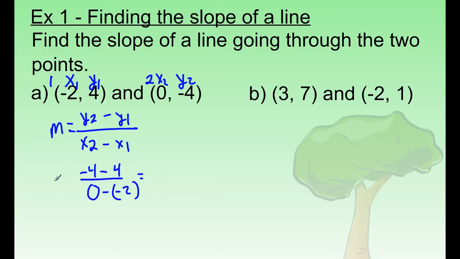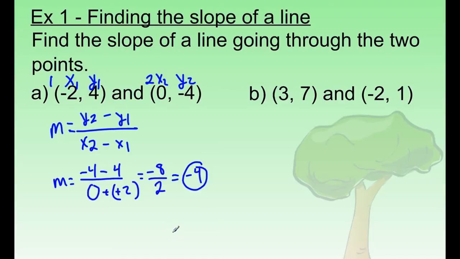You simplify, and you get your answer. Negative 4 minus 4 is negative 8. 0 minus negative 2, minus a negative plus a positive, is positive 2. And that divides down to a negative 4. So the slope of this line is negative 4.